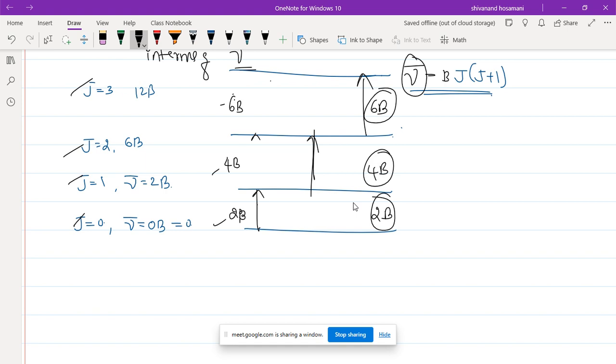What is the separation between two successive rotational lines?